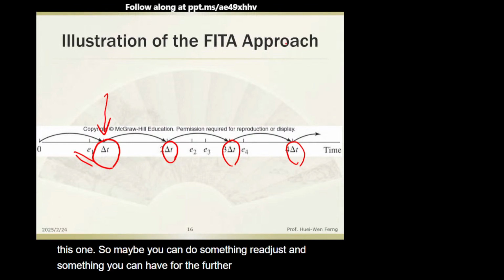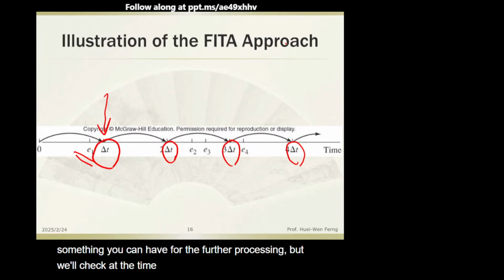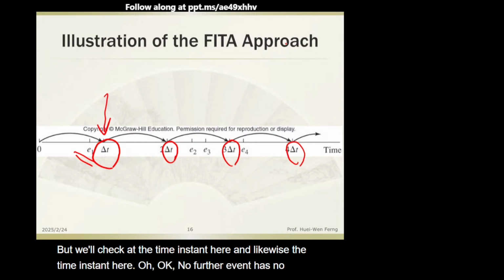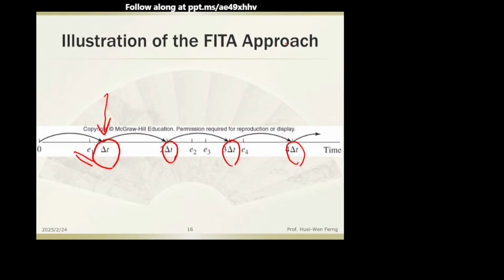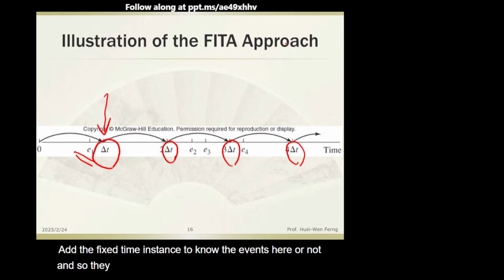We will check at the time instant here. And likewise, at the time instant here, okay, perhaps no further event. And at this time instant, you have 2 events, and so forth. You check at the fixed time instants to know whether there are events or not, so that you can have the associated processing for the system. This approach we call theta.